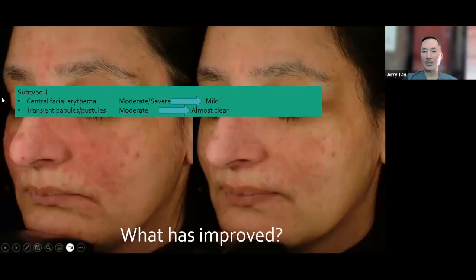So, for example, in a patient like this who presents with moderate to severe facial erythema and then after treatment has improved to mild facial erythema, and transient papules and pustules presentation with moderate has improved to almost clear, mostly pigmentation that's left now.